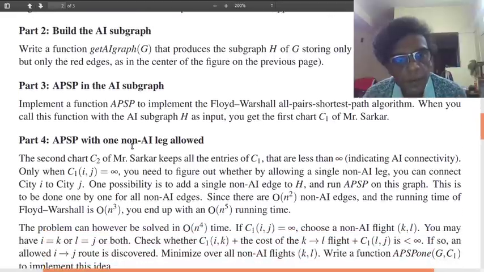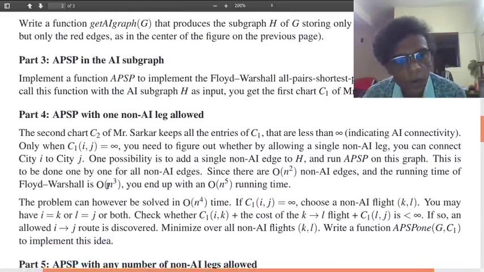And then APSP with one non-AI leg allowed. So the second chart: look at the entries of C1 that are less than infinity. This indicates AI connectivity. Then you do not change that entry in C2, the second chart. Only if it's infinity, you follow this algorithm.